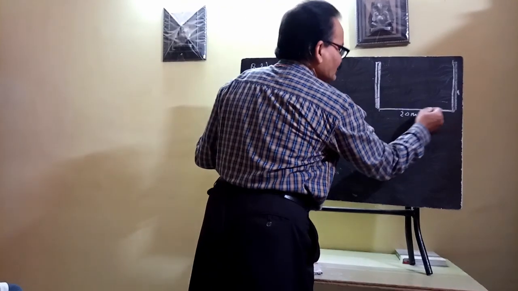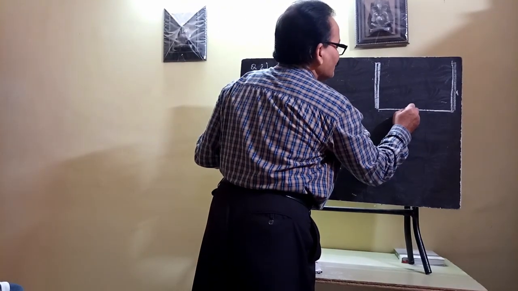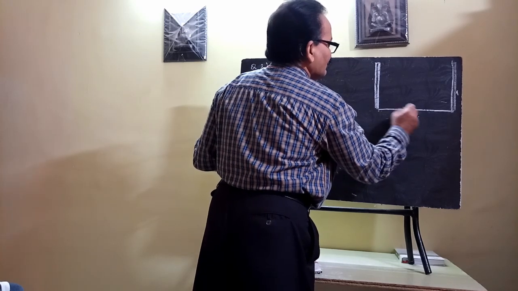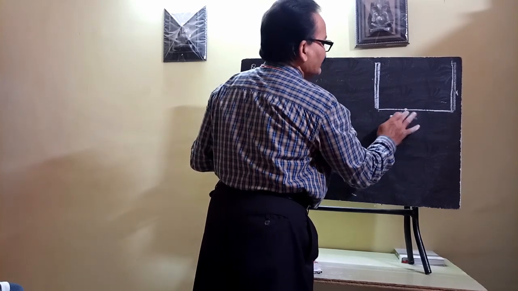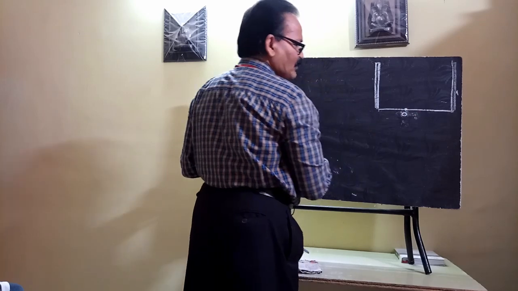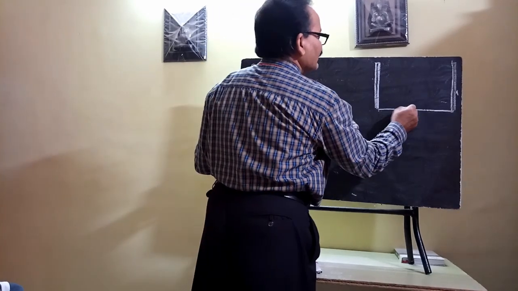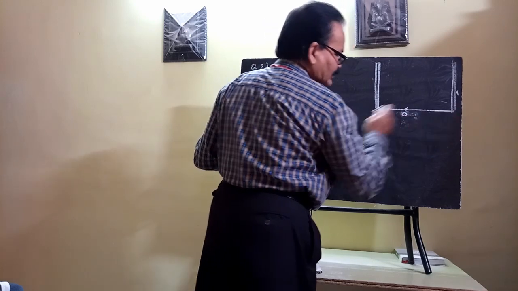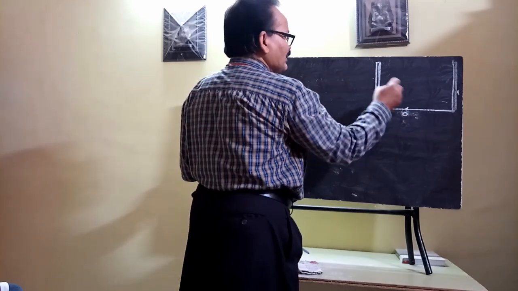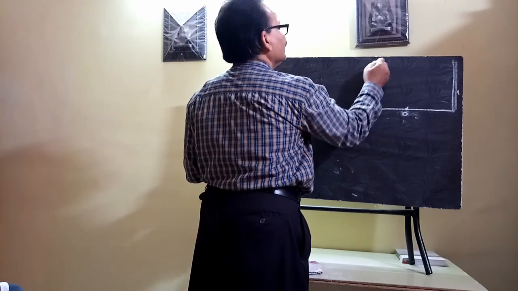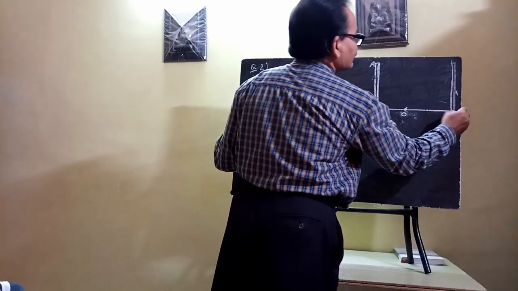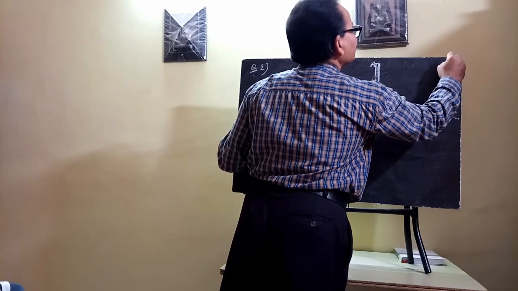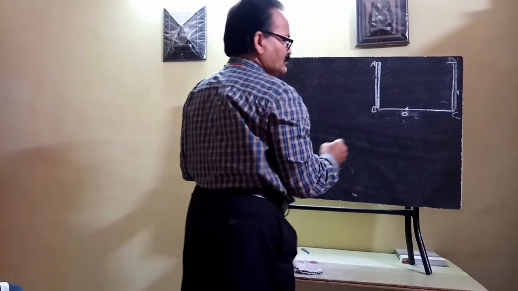So suppose this is the point of observation. Say this point A, or you may write O, is the point of observation. From here, this distance is shorter and this distance is longer. The pillars are AB and CD.